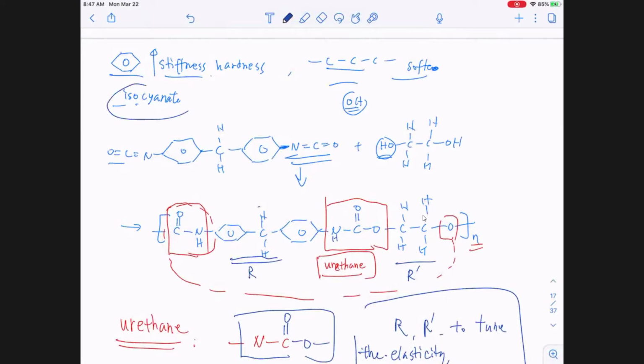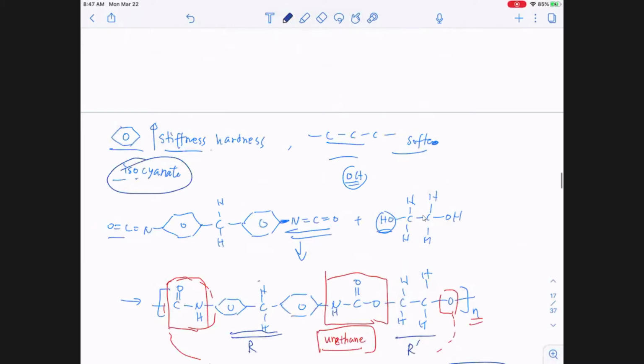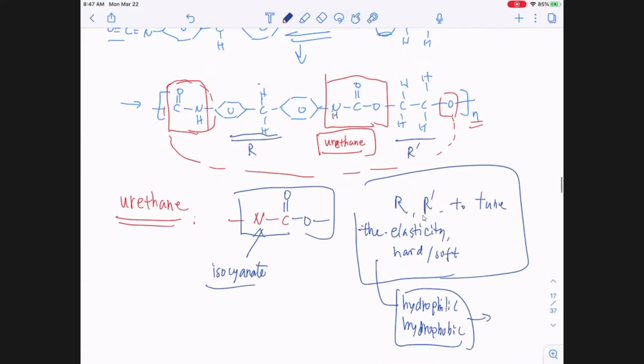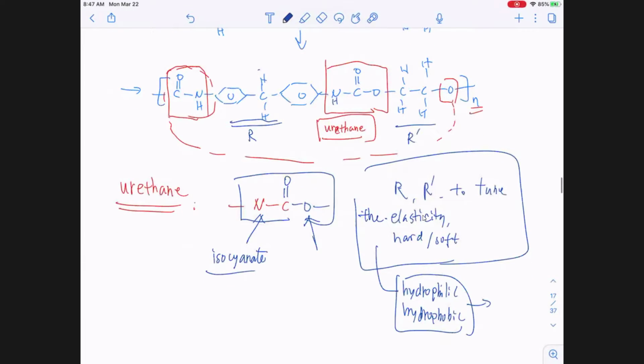You will use this one. So this one is from isocyanate. This one generally from alcohol. So that's the kind of application. So OH, water related or OH related.